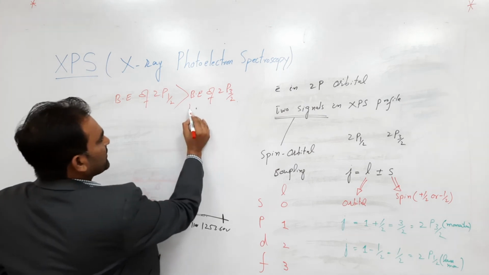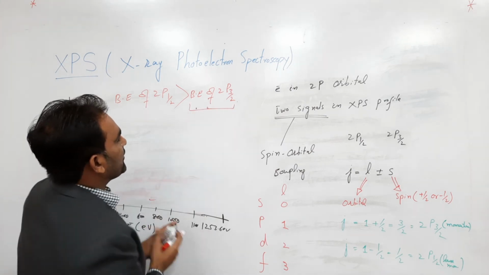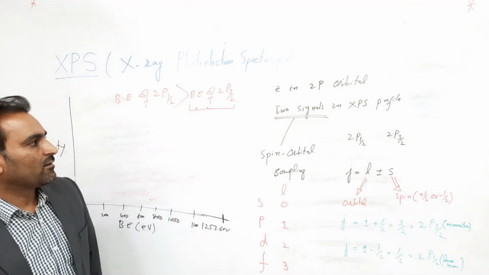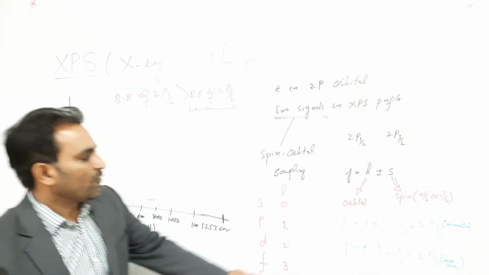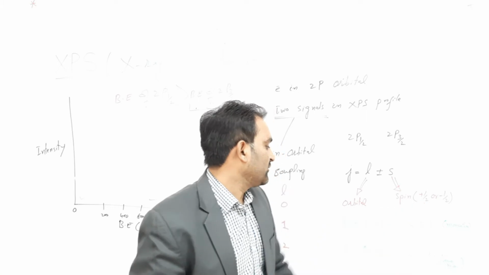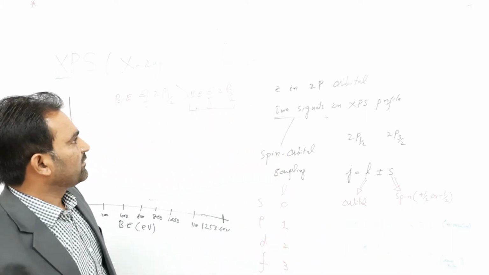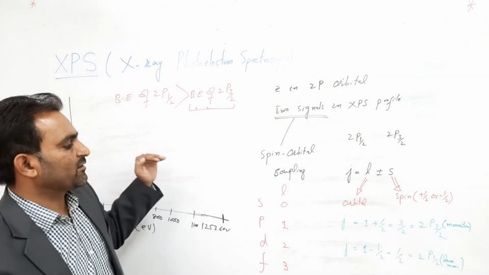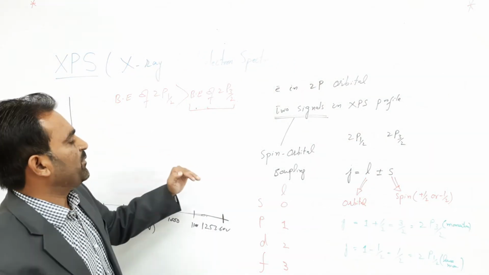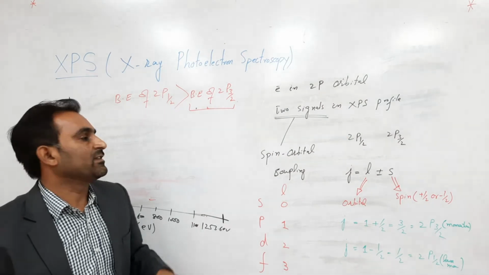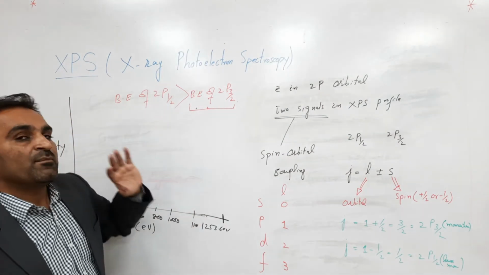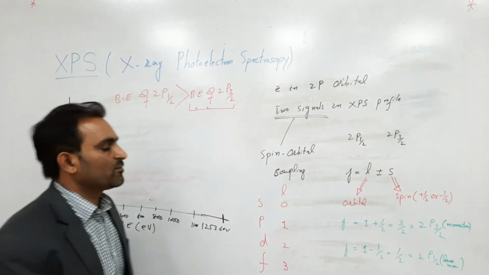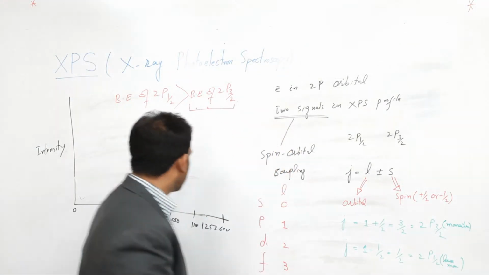Why? Because the electron present in the p orbital with 1 by 2 spin will move parallel. Both these motions, momentum will be parallel, and ultimately they will have higher momentum, meaning higher kinetic energy. If kinetic energy is higher, then its binding energy will be lower.